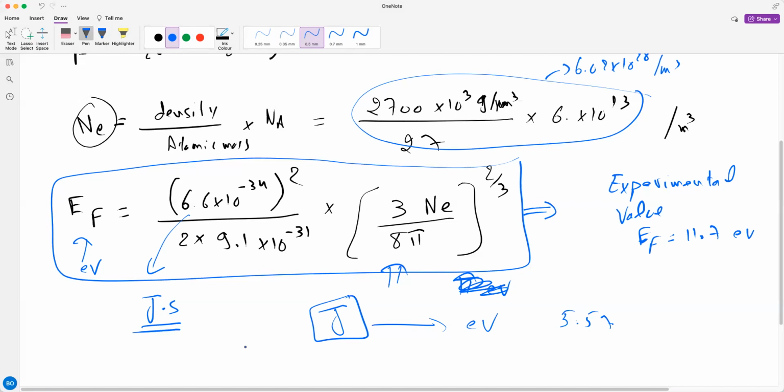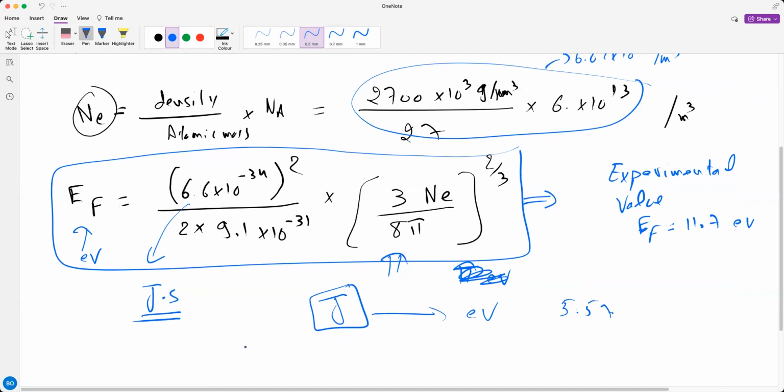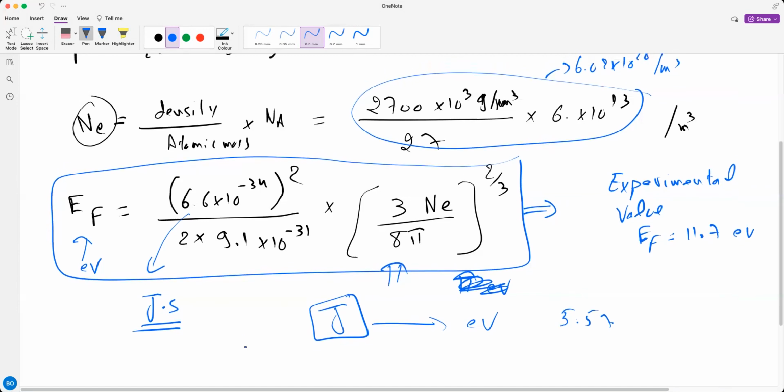I will give you the calculation later, but that's the good way to do it. So you do all the calculation and everything will be given in joule, and don't forget to convert it to electron volt. Any question?